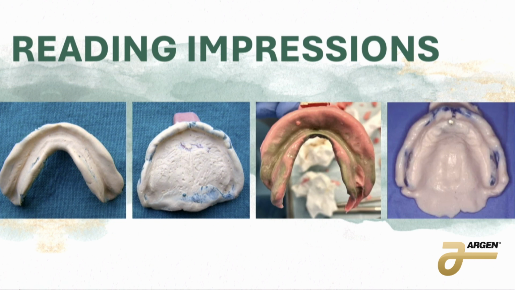Now, the issue with alginate for a final impression is that it sets up pretty quick. So I'm going to talk about border molding in a minute, but if you're trying to capture something functional and you're trying to have them move around and say ooh and ee and ah, that alginate is just going to get smushed around and you're going to end up with something like this first one here.